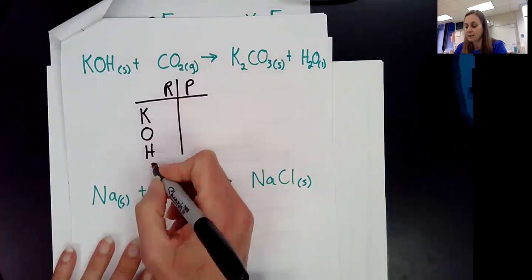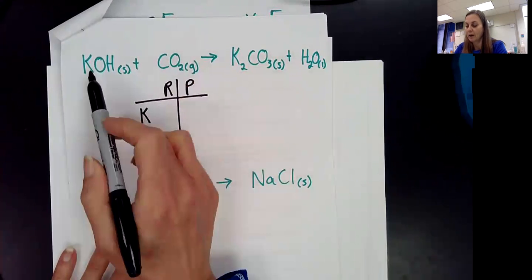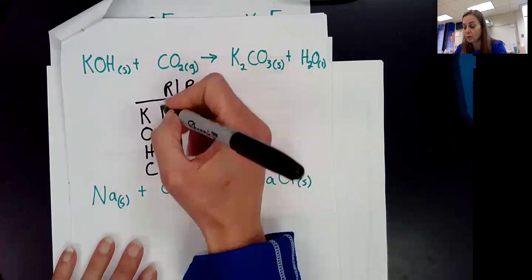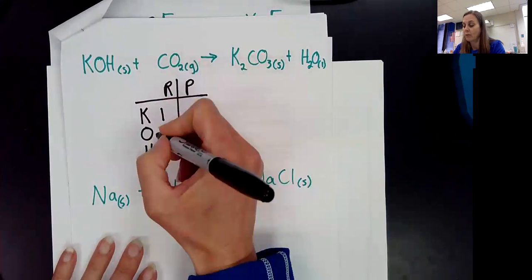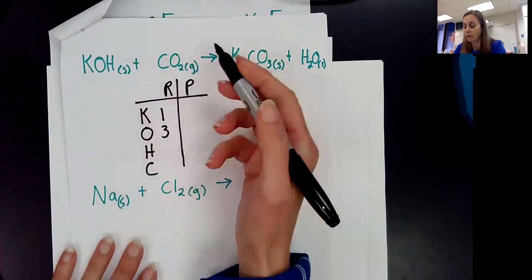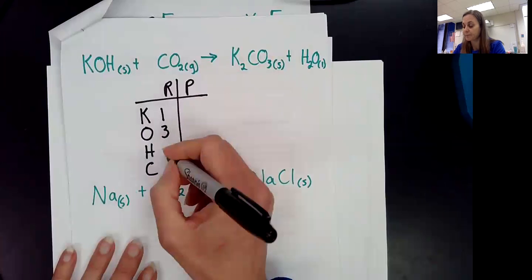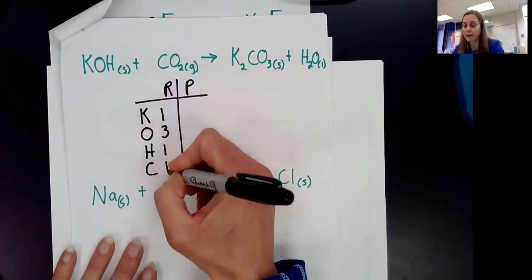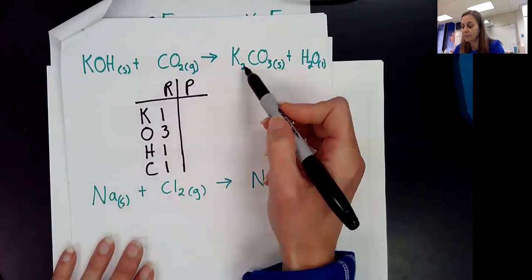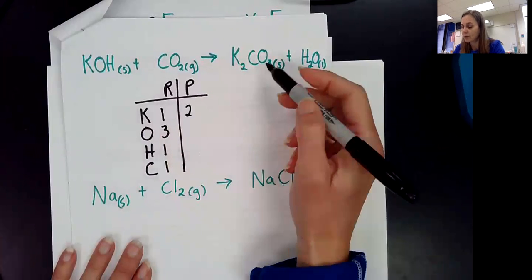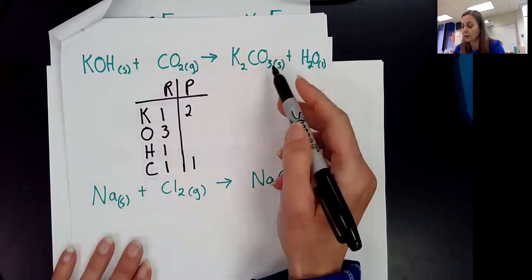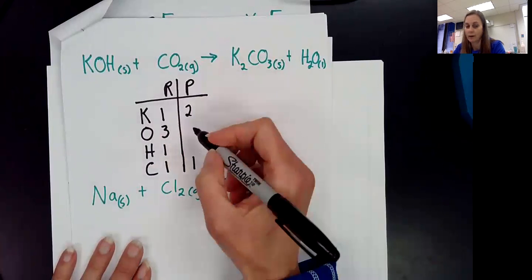So on the reactant side, I have 1 potassium, I have 1 plus 2, so I have 3 oxygens, I have 1 hydrogen, and I have 1 carbon. On the product side, I have 2 potassium, I have 1 carbon, I have 3 plus 1, so I have 4 oxygen, and I have 2 hydrogen.